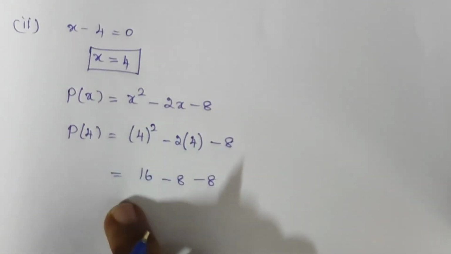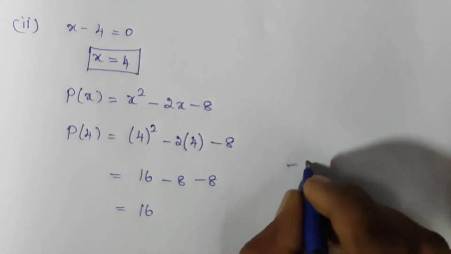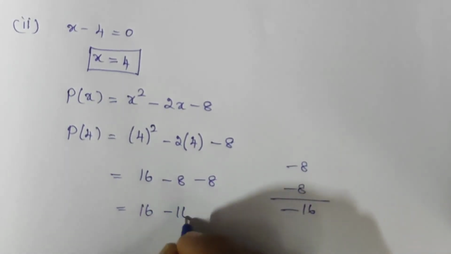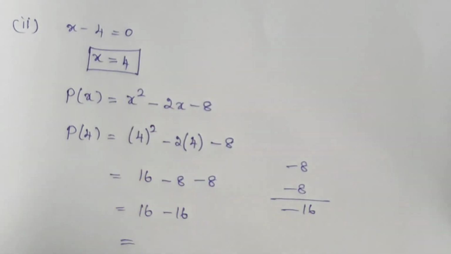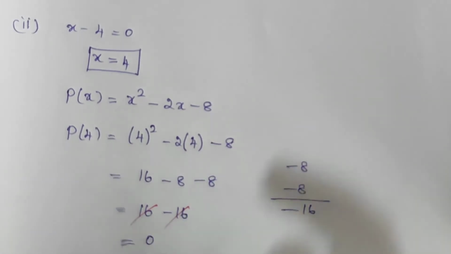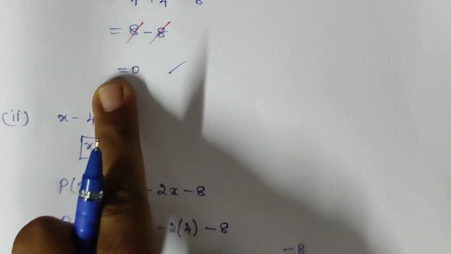4 into 4 is 16, minus 8 minus 8. So 16 minus 8 and minus 8 is equal to minus 16. So minus 16 plus 16 will be equal to 0. Therefore, for the first factor x plus 2, I am getting 0.